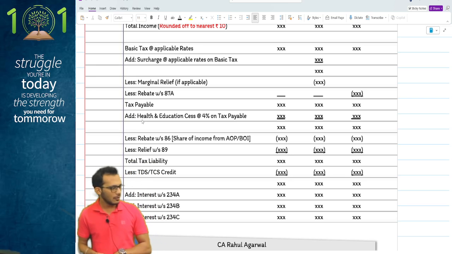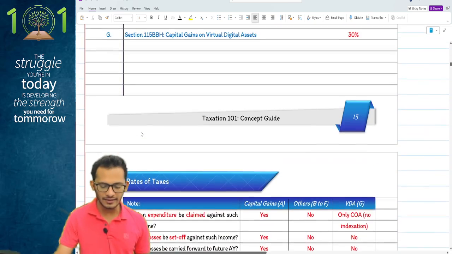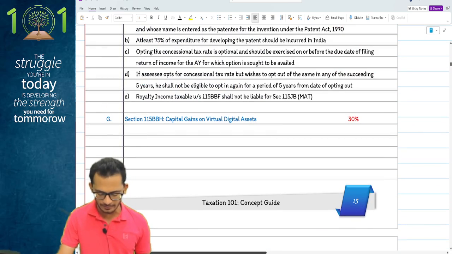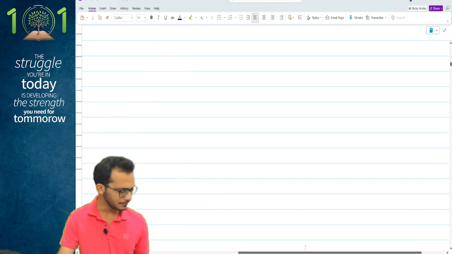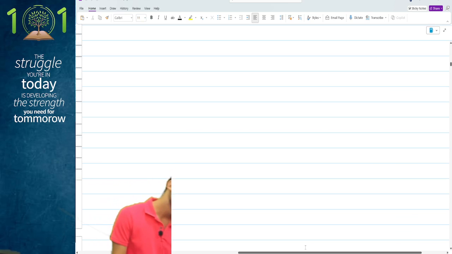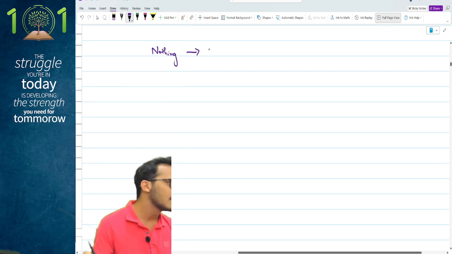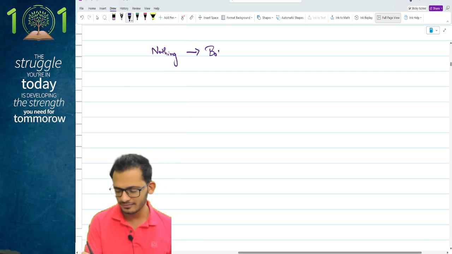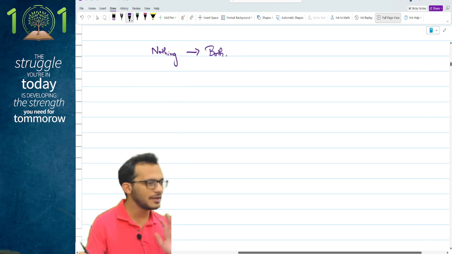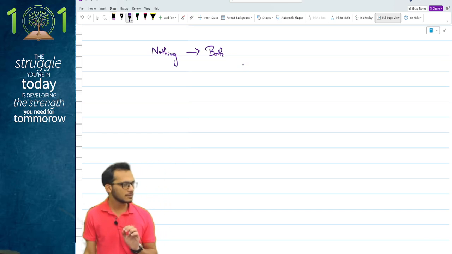Yes or no? Yes. Now from an exam standpoint, how do you understand whether you need to do the default regime or the alternate regime, people? Any idea? If nothing is given, then do both. Rahul, waste of time, waste of marks also, doesn't matter. It is to be done both.